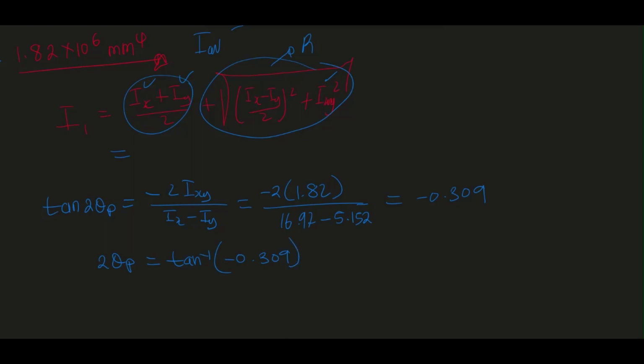Therefore 2 theta p is equal to tan inverse of minus 0.309, which gives us minus 17.188 degrees. Therefore theta p1, divide that by 2 to have theta alone, minus 17.19 divided by 2 gives you minus 8.59 degrees.